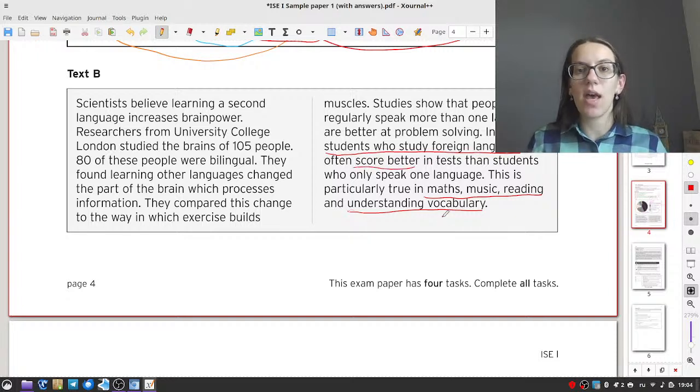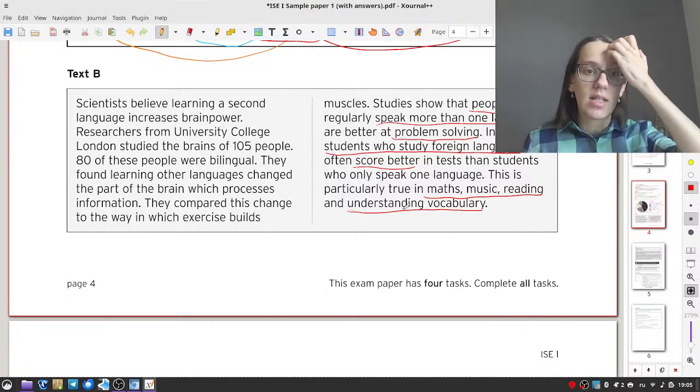They become better at other skills. And in this part as well, people who speak more than one language, so it means they know at least another language, probably a foreign language, are better at problem solving.